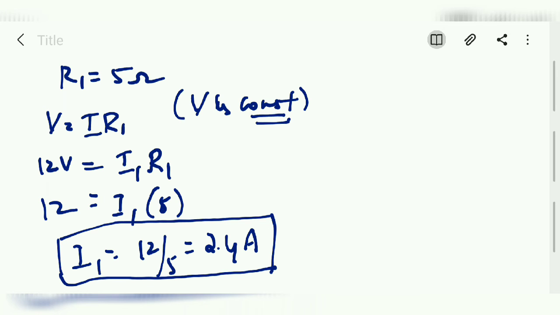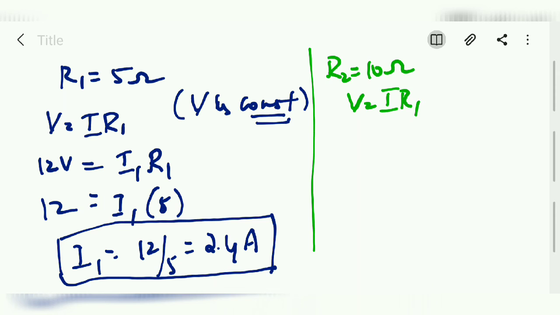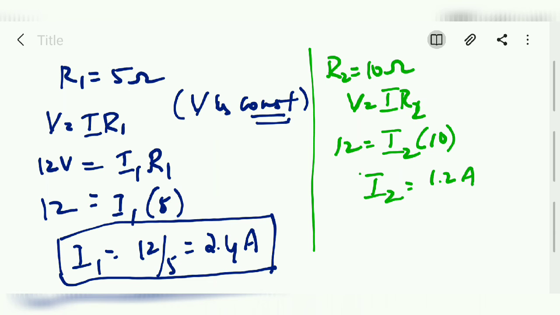Now the current through resistance R2, which was 10 ohms. V is equal to I2 R2. Since V is constant at 12, and R2 is 10, I2 is 1.2 amps. Easy. Look how easily it is going. You just need to know the basics, guys. Now let's calculate R3, which was 30 ohms.